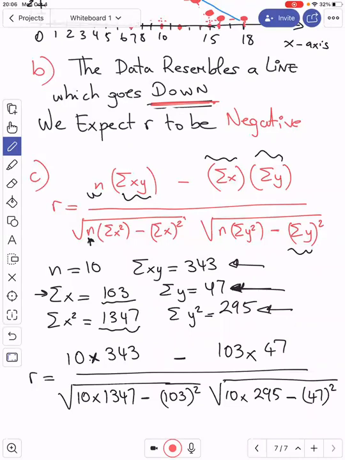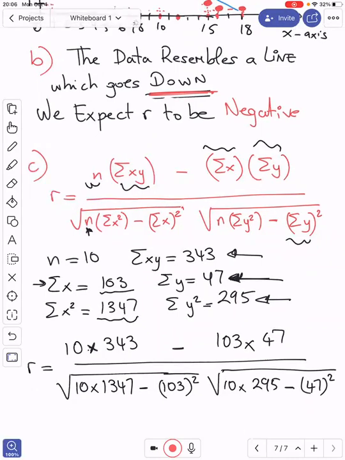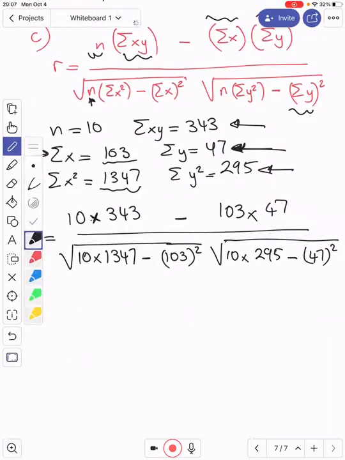As I said, the answer should be negative, about 0.97 or 0.96. So let's do it. In the top, we start with 10 times 343, use your calculator again.